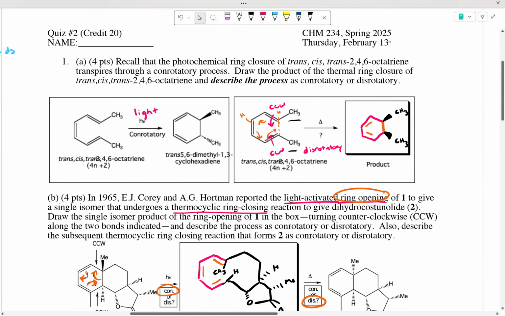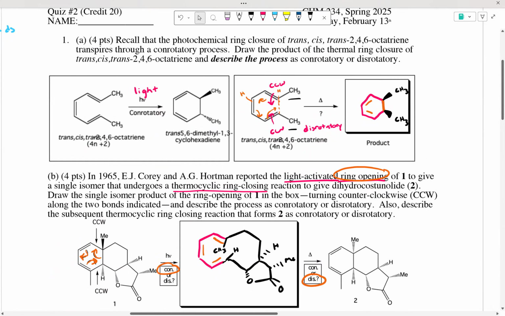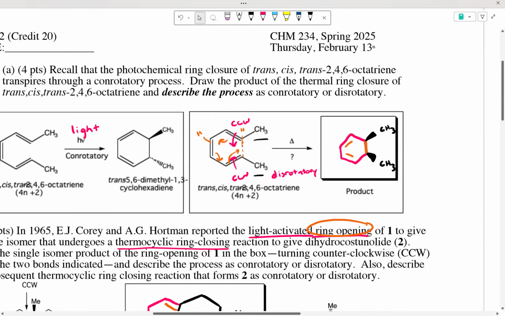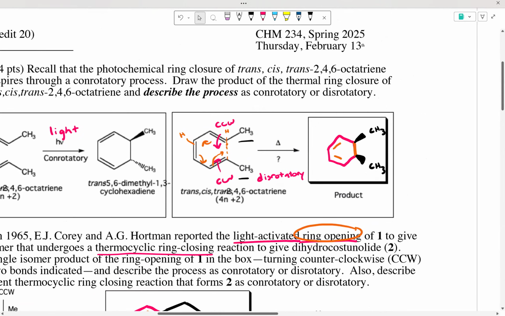That's what I'm thinking. Because if you look here, I'm going back to the first one. Let me use a new color. This bond here is a C sp3.